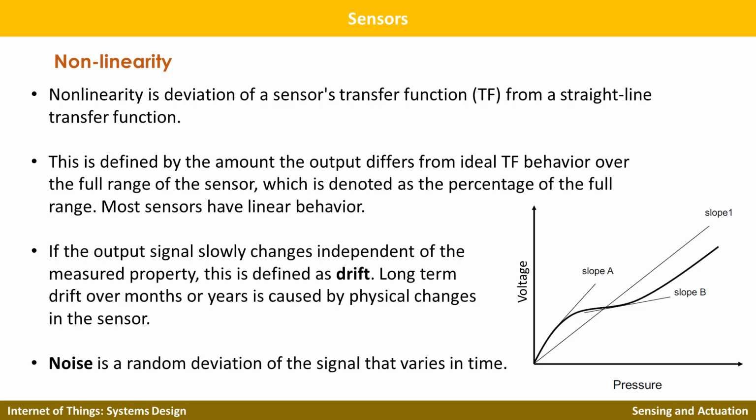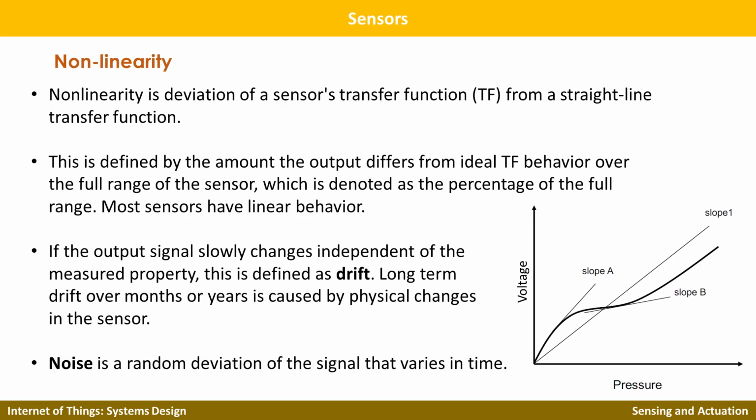So rather than using one ideal transfer function, you have multiple transfer functions which dynamically change based on the change of the physical phenomena. So if you're measuring temperature or pressure, you say that from this point to this value, this is the transfer function, and after that you switch to a different one.